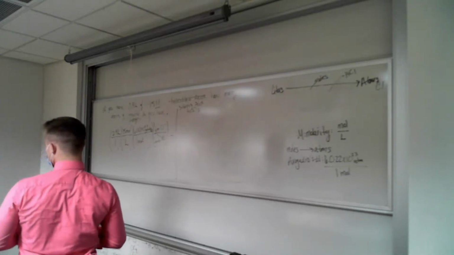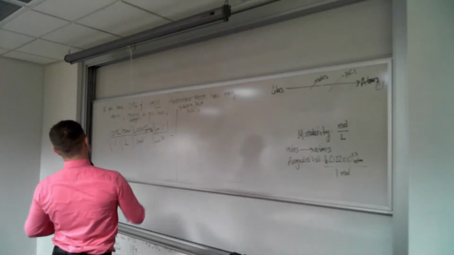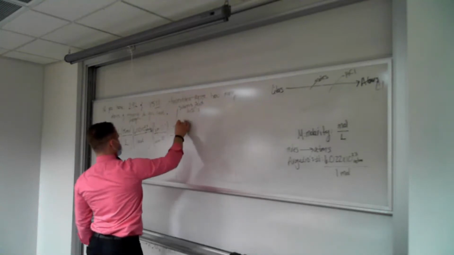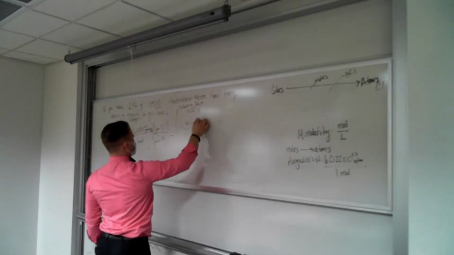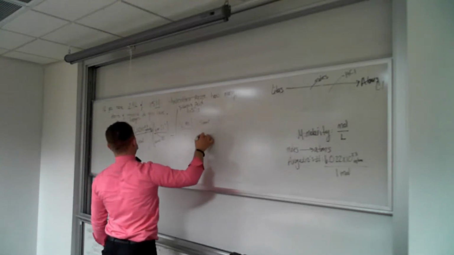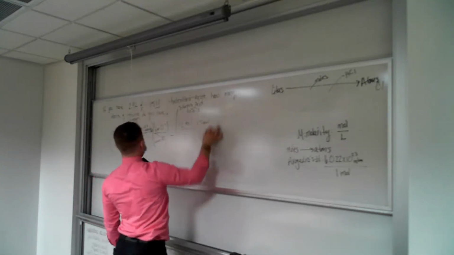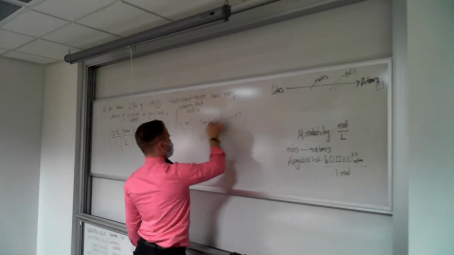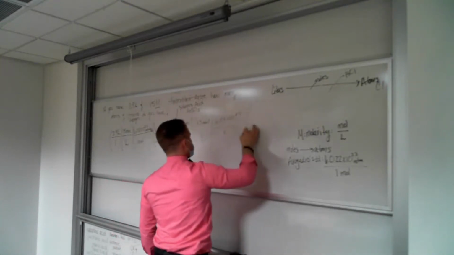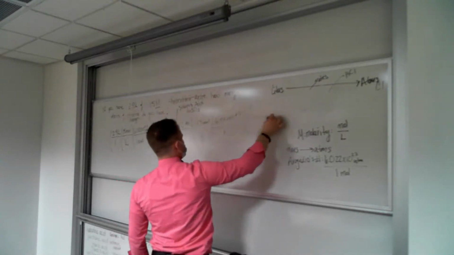No. So everything at the beginning is the same, right? 2.9 liters over 1 times 15 moles over liters times 6.022 times 10 to the 23rd over 1 times, so here's where we're stuck.